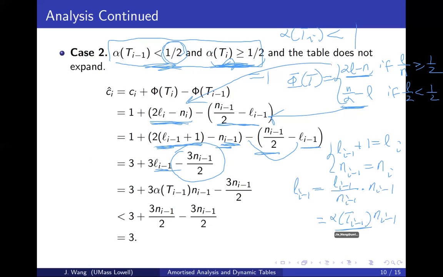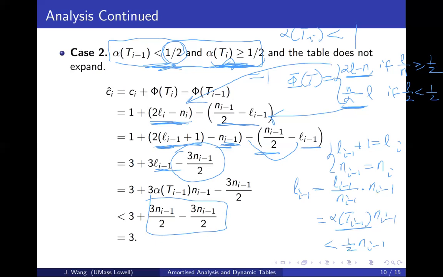We know that this is less than 1/2. So that means that it is less than 3 over 2 N sub i minus 1. And then this got canceled, so we got 3. So this is the amortized cost analysis for this case.